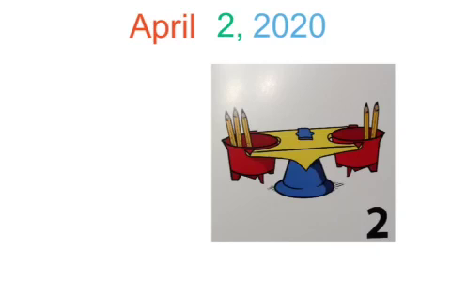We have a scale with 3 pencils over here and 2 pencils over here. The 3 pencils is a little bit lower because 3 pencils would be heavier than 2 pencils. That means today our calendar piece shows us weight. This is a scale showing us how heavy the pencils are today.